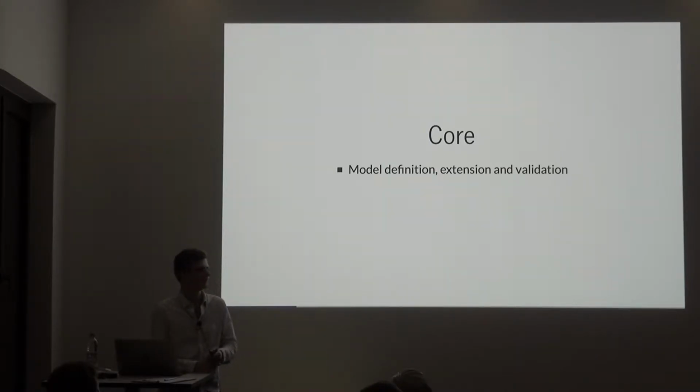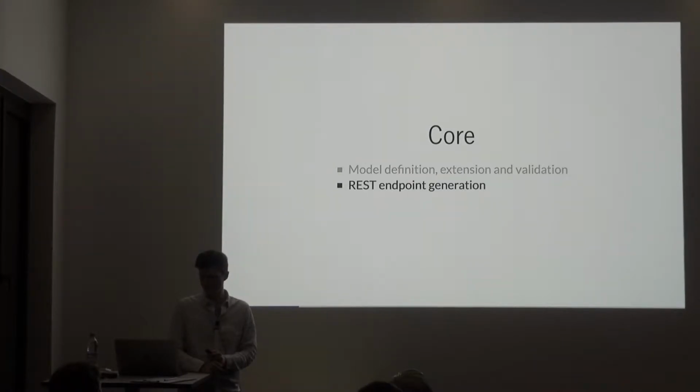You can have validations, like you can only add the model if you do this or that, or if it has some attributes. It also generates the REST endpoints from the model, and it provides access control, so that you can only access the resources that you should, and cannot access the ones that you should not.